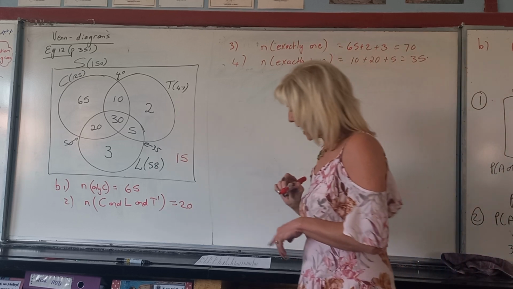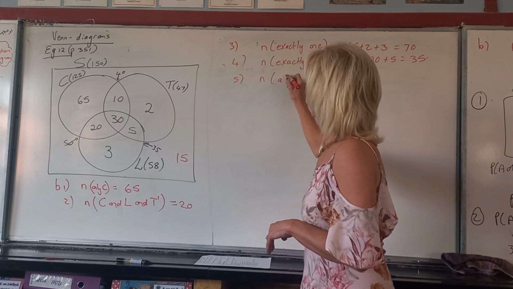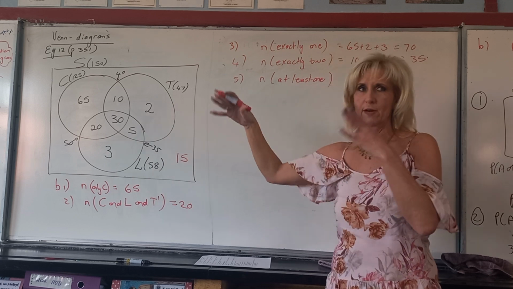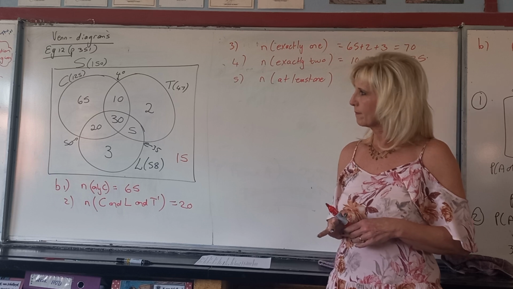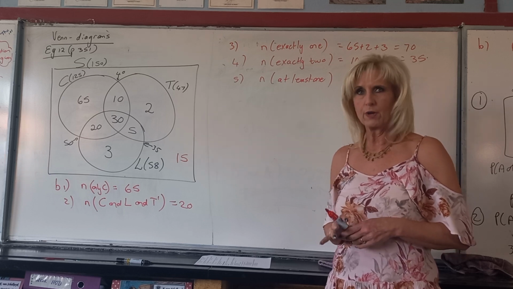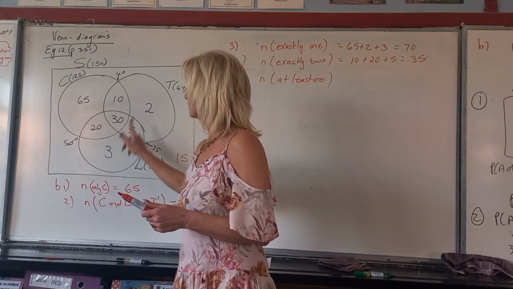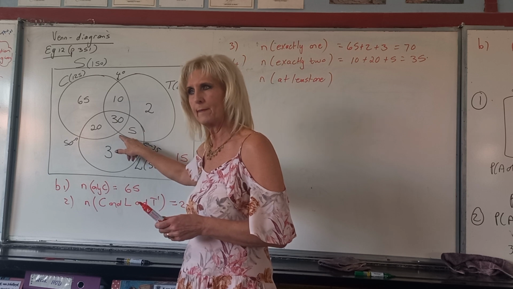5. At least one of the 3 devices. At least one of the devices. 65 plus 10 plus 2 plus 30 plus 5 plus 3 plus 20. All of that is perfectly correct. At least one. He's got 1. He's got 2. He's got 3. Is that at least one? Yes.